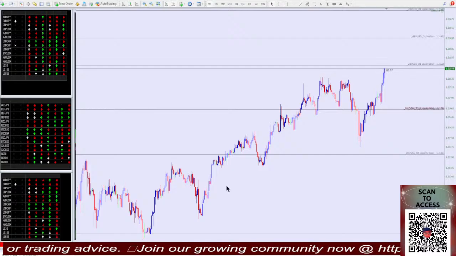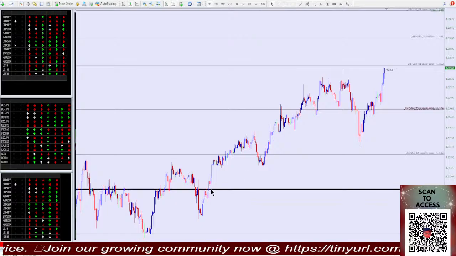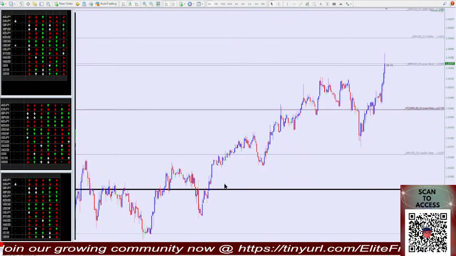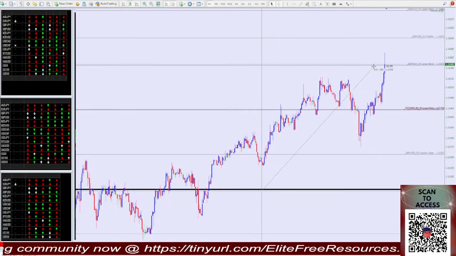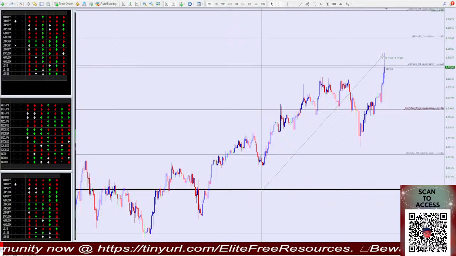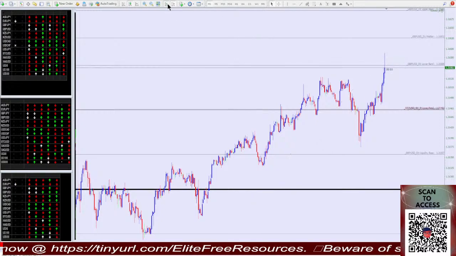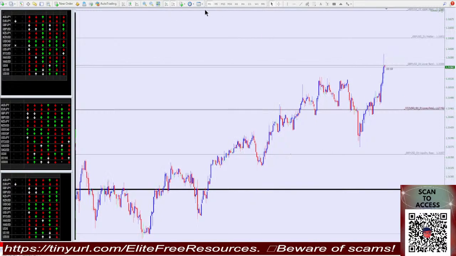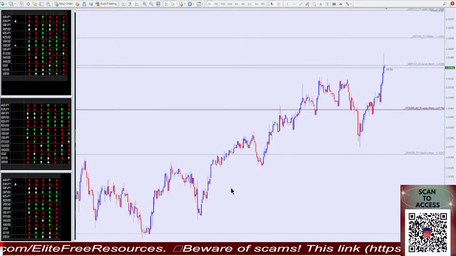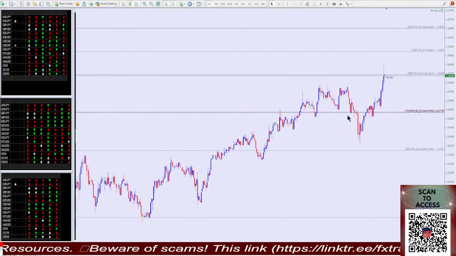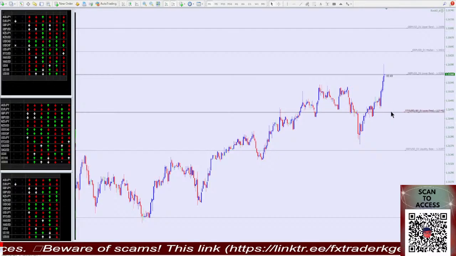GBP USD is still going up. My entry was around here, my entry in the other account. I wish I could just bring it up. Okay, my entry was around here, and so long as GBP USD has broken this key level here.